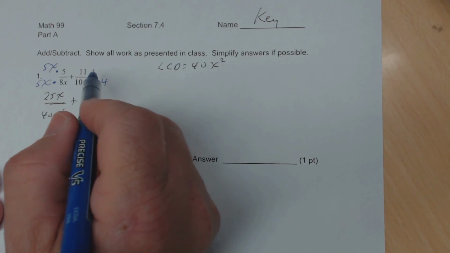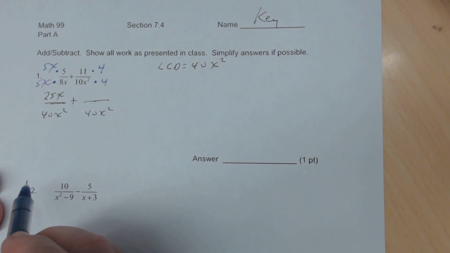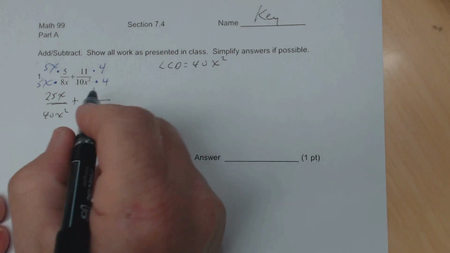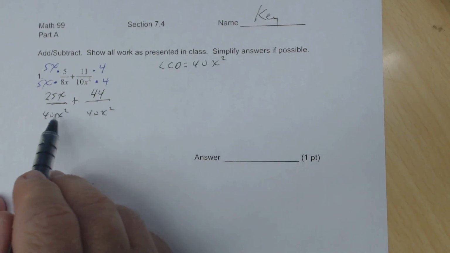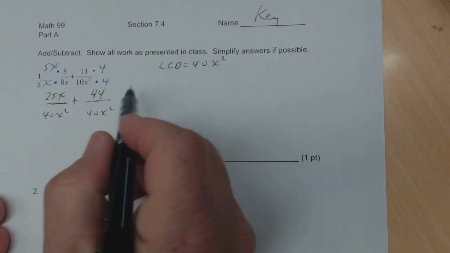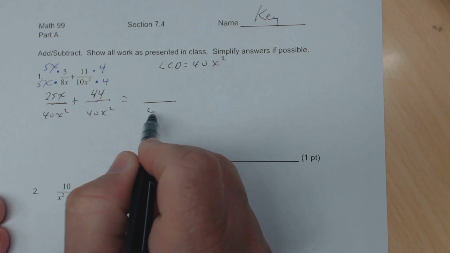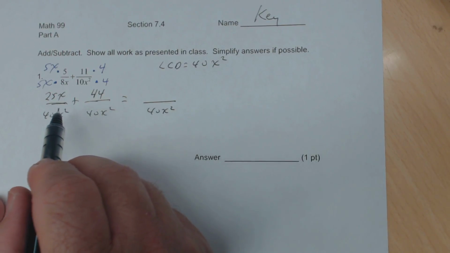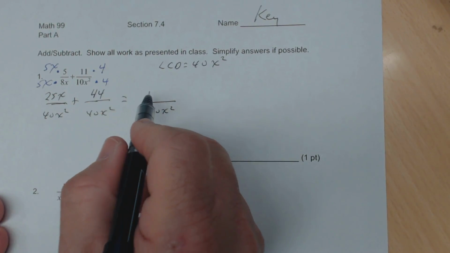But what I do to the denominator, I have to do to the numerator. So 11 times 4 is 44. And now I can write these two fractions as 1 because the denominator is the same. So I'm going to get 40x squared in the denominator, so it's your common denominator. And then you're going to say 25x plus 44.